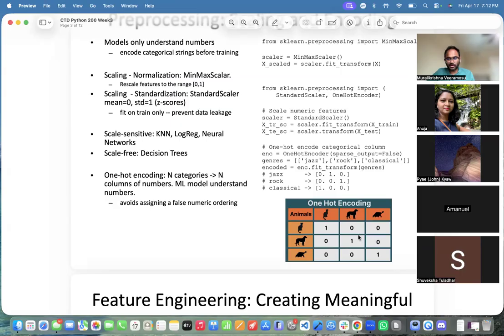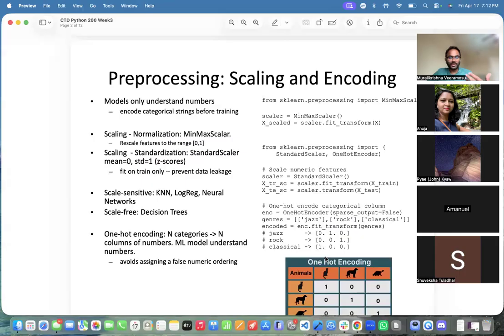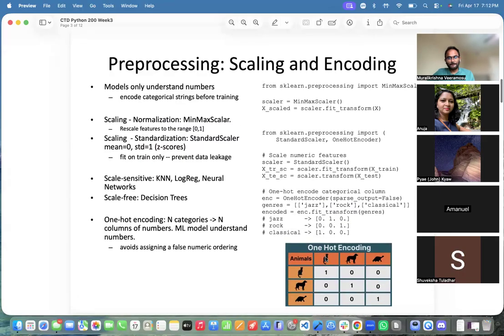Whereas for the second row, for dog, it's taken as 1, and the rest of the values are taken as 0. And for tortoise, it's taken as 1. For the third row, the rest of the values are taken as 0, right? This is how one-hot encoding is performed in order to encode your data, right?